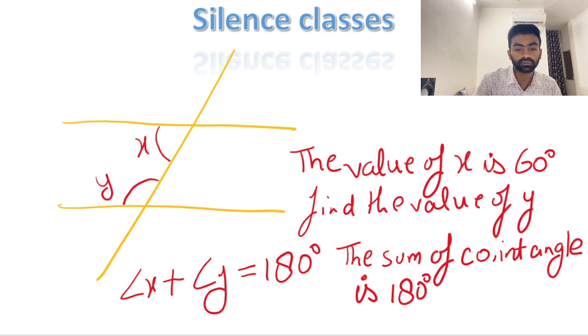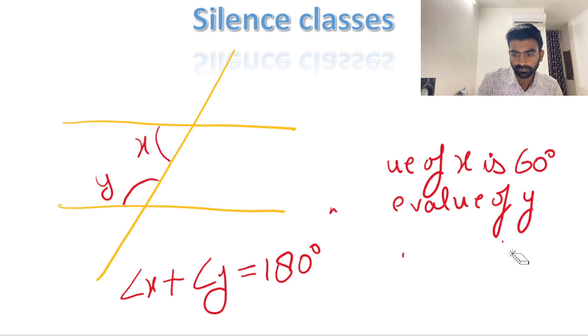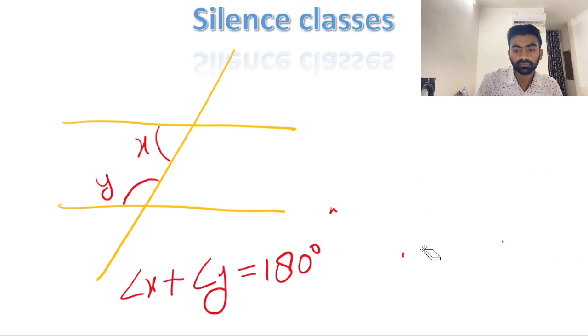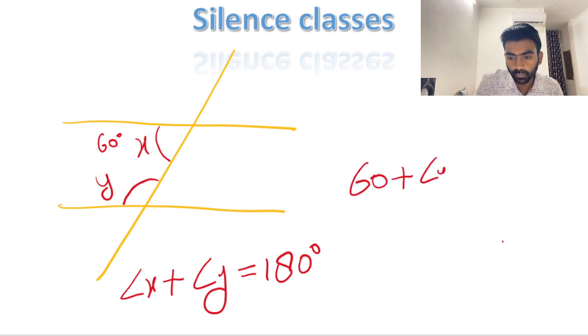So how to find the value of y? I am erasing it. I hope you have written. To find the value of y, we have written angle x plus angle y is equals to 180 degree, and it is given that angle x is equals to 60 degree. So instead of angle x, we can write 60 plus angle y is equals to 180 degree. It is in addition.